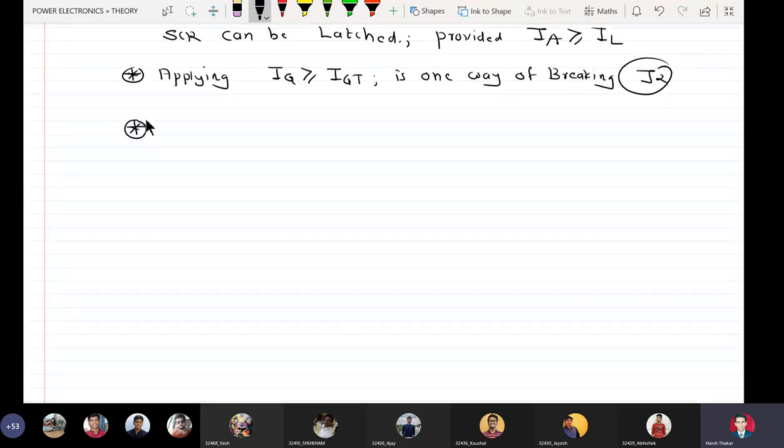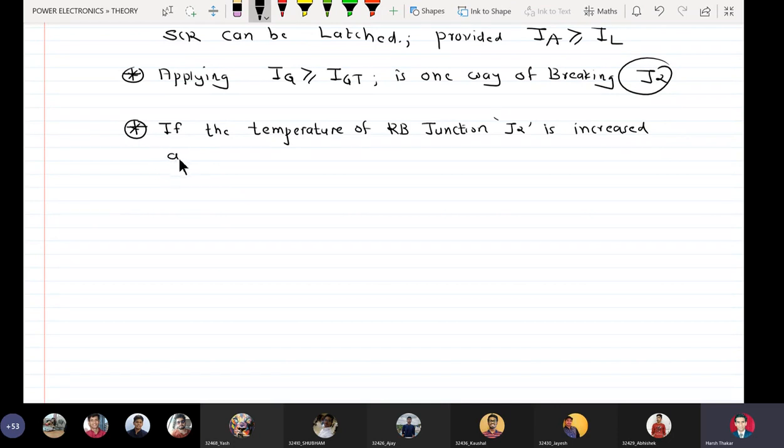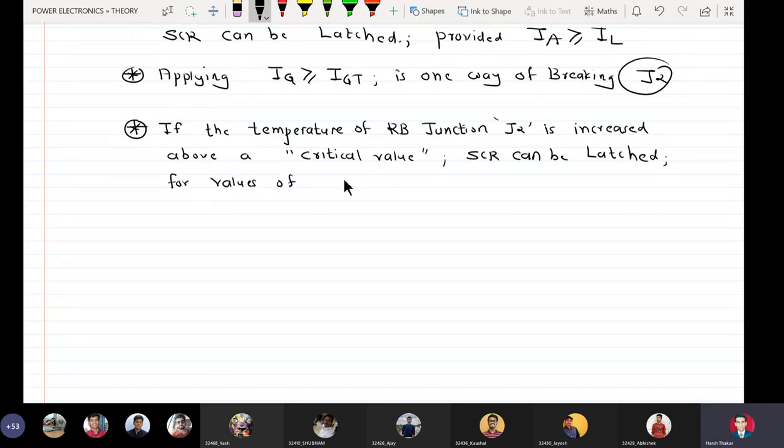So what we write here is that if the temperature of the reverse biased junction J2 is increased above a critical value, SCR can be latched for values of E in less than the breakover voltage.